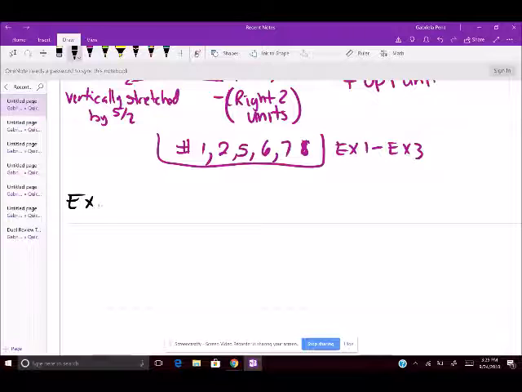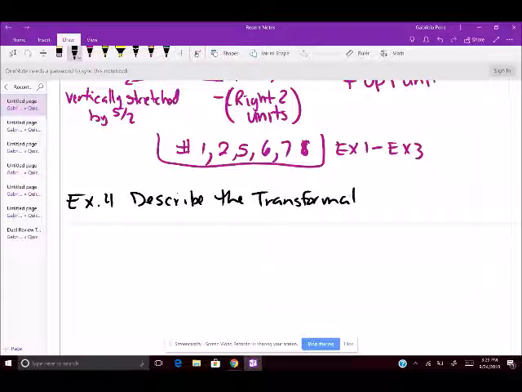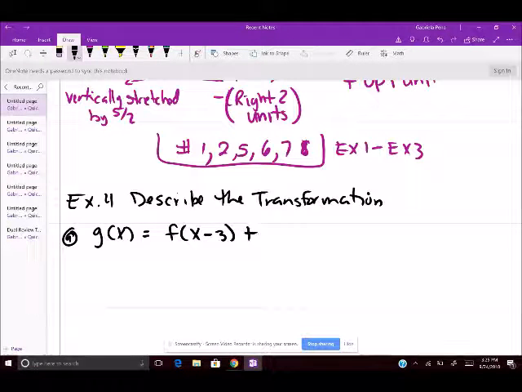So in example number 4, we're going to describe the transformation. But in this case, it looks a little bit different. They basically tell you that g of x is going to equal f of x minus 3, plus 2. So it just looks different.